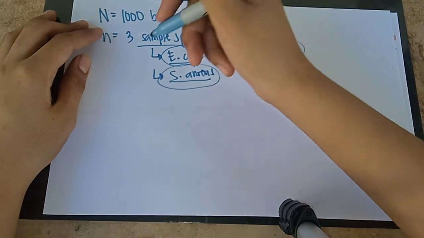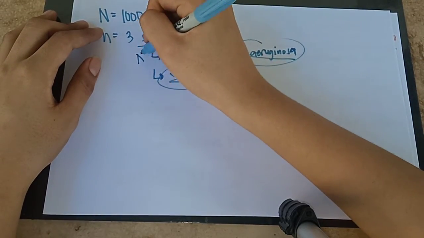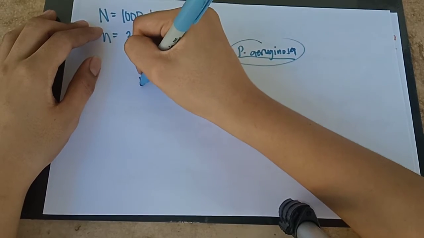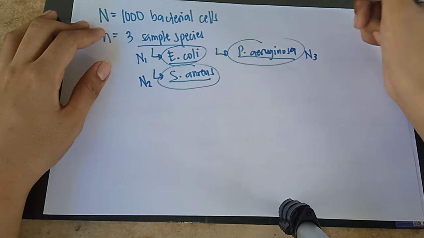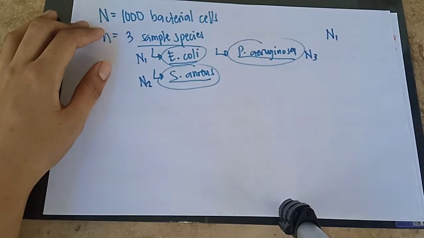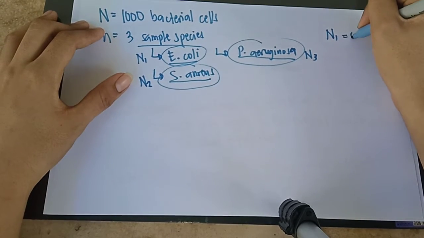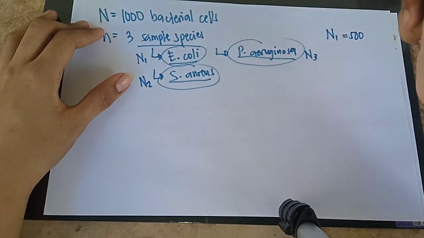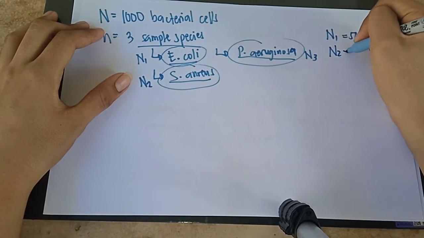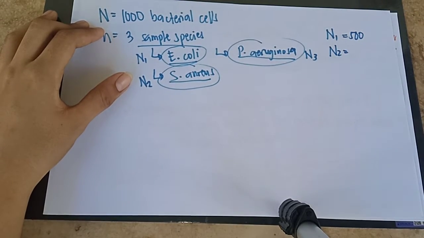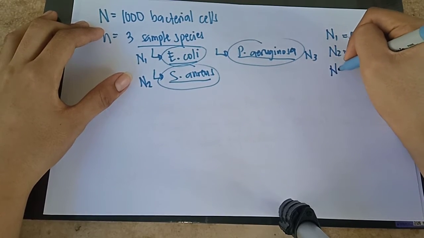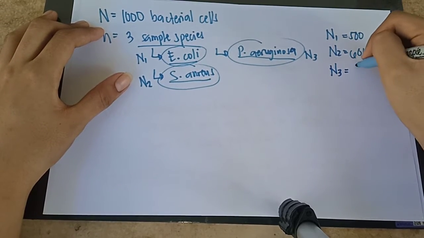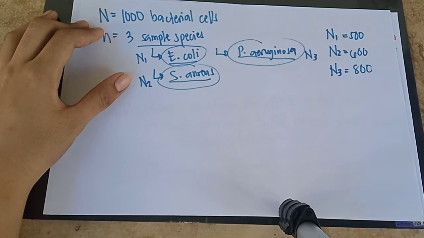So let's say we label Escherichia coli as N1, Staphylococcus aureus as N2, and Pseudomonas aeruginosa as N3. The population of Escherichia coli is 500, Staphylococcus aureus is 600, and Pseudomonas aeruginosa is 800.